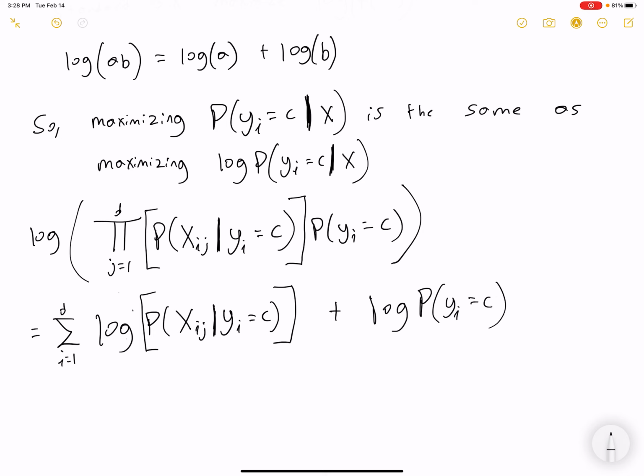And so instead of calculating all those probabilities multiplied together, you just sum the log of all the probabilities. This is just the math way of writing that.